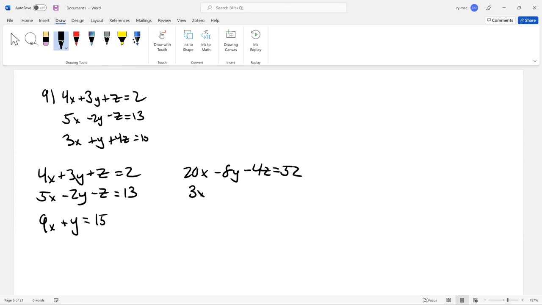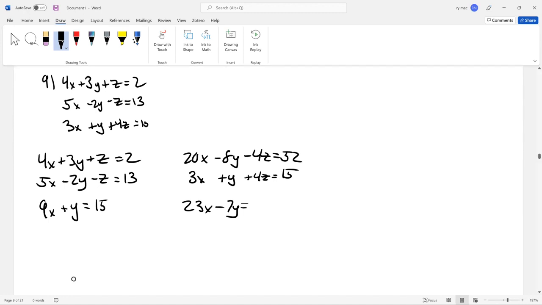The other one stays the same. So then adding these together, I get 23x minus 7y. My z's cancel, and that's equal to 67.